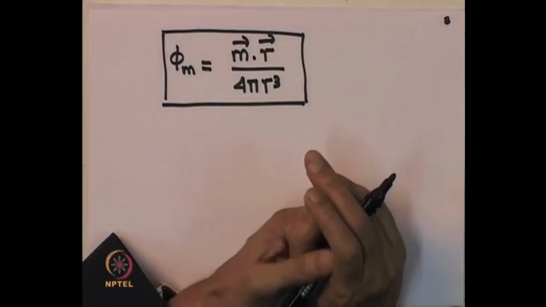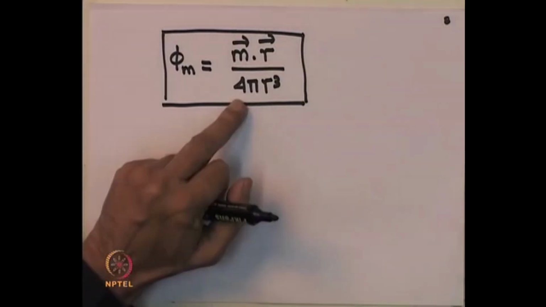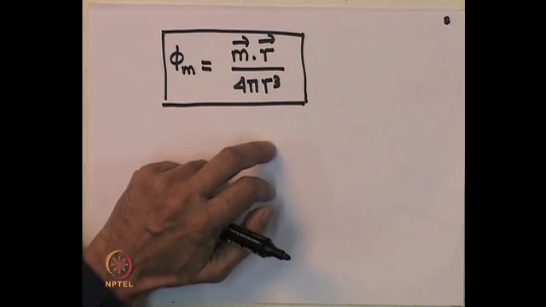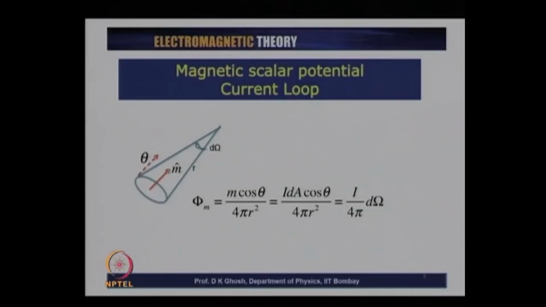Now, notice this. I want to write it in a slightly different way. Now, here is my current loop. This is the current loop on the screen. This is the direction of the vector m, and this is the observation point. Now, suppose this observation point makes a solid angle d omega here. My expression for the potential is m cos theta by 4 pi r square. Now, I know how to write down the projection of the area in terms of the solid angle.